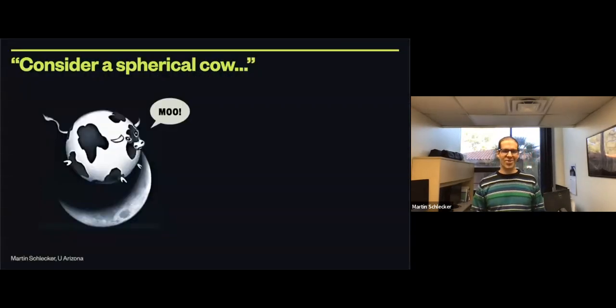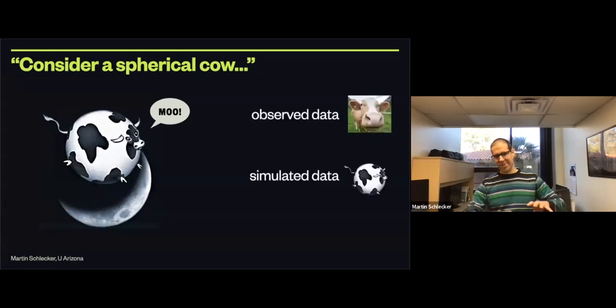But before we get into it, I thought it would be a good idea to give you a manual of this talk. The main theme of my talk is a comparison of observed and simulated planets. And so to make clear which is which, whenever there's observed data shown in a plot or in an image, I will show a real cow in the corner. So if you see this in the corner of a slide, it's observed data.